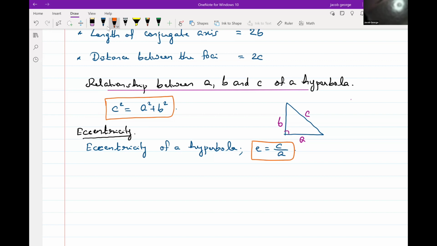In ellipse, eccentricity, was it greater than 1 or less than 1? In ellipse, you have written that one. What was the value of eccentricity? You're doing daily practice, right?